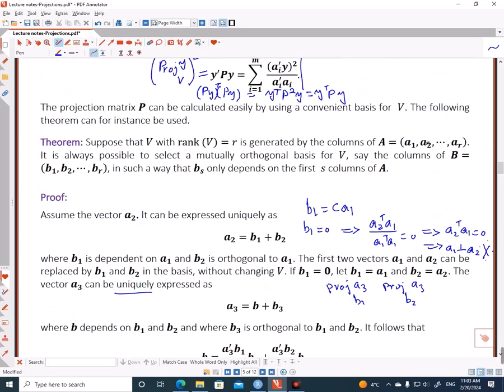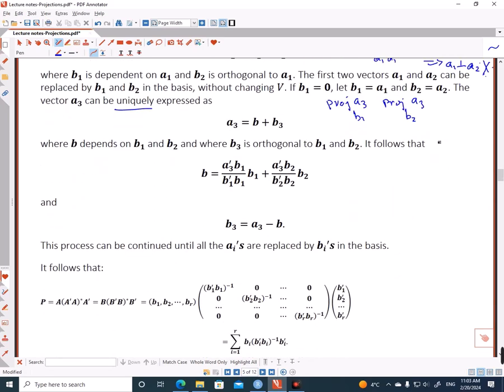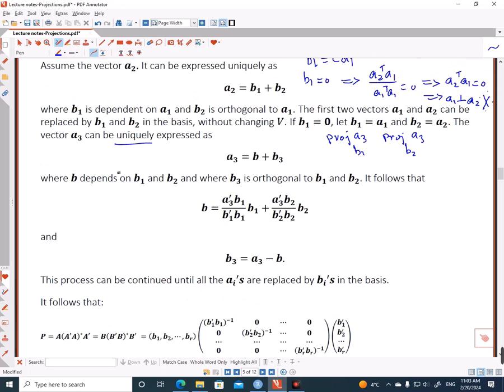We project a2 on a1. We project a3 on a1 and a2, and follow this way. So if we continue this way until we project all elements on each other and replace all ai's with bi's, then we have constructed the orthogonal basis.